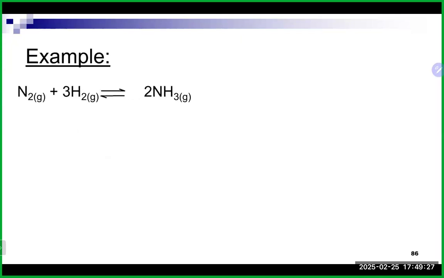All right, so let's say we have this one, and for fun, we'll say the delta H is negative. Maybe it is, maybe it's not. For each of these, will this go to the left? Will this go to the right? Will there be no change?